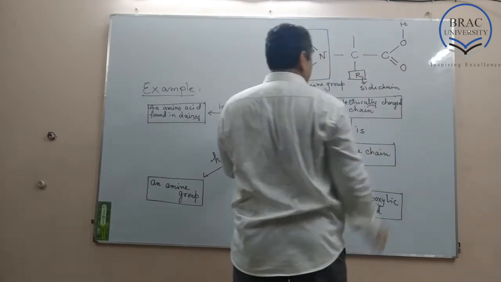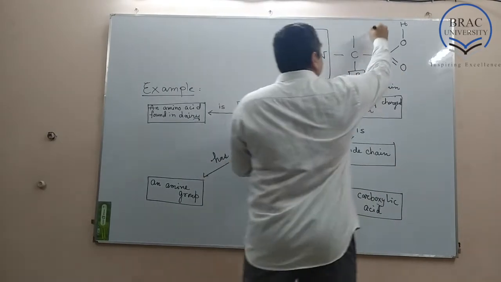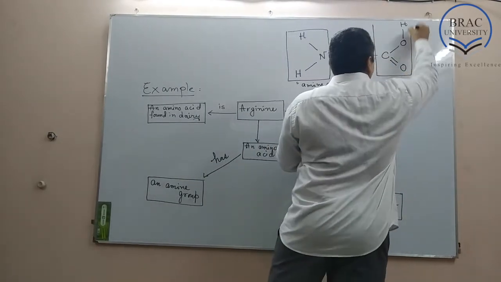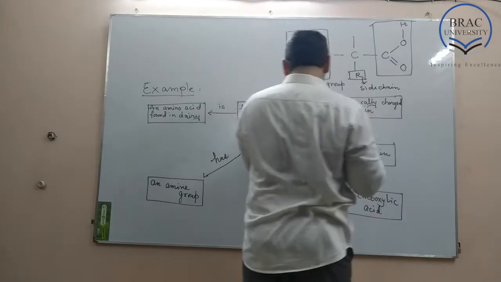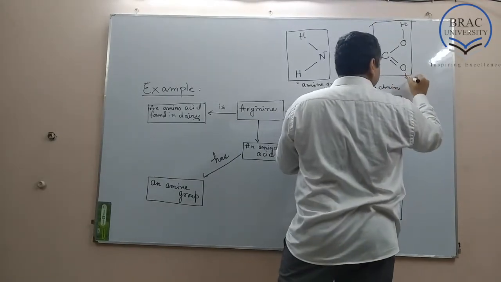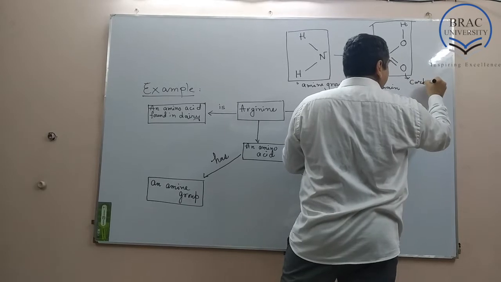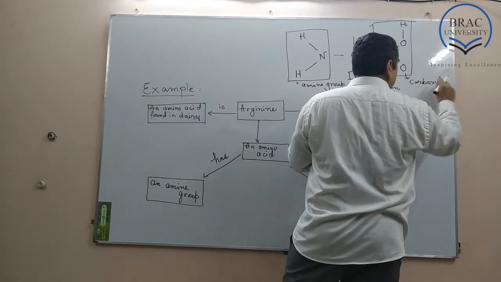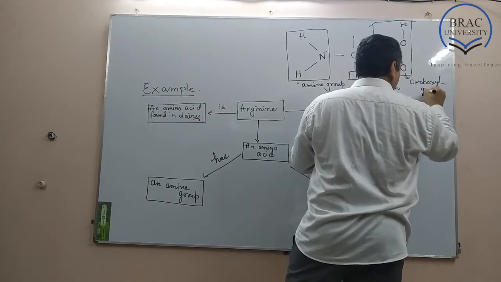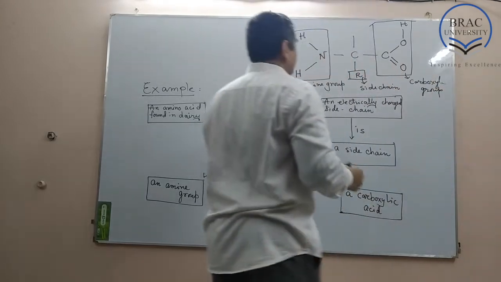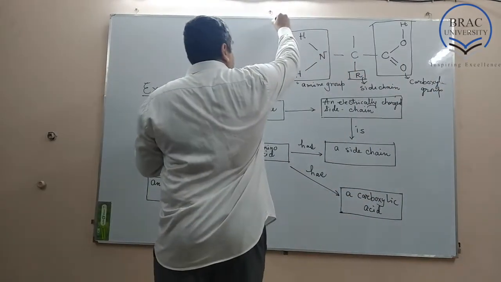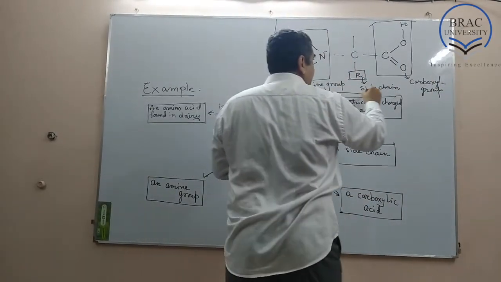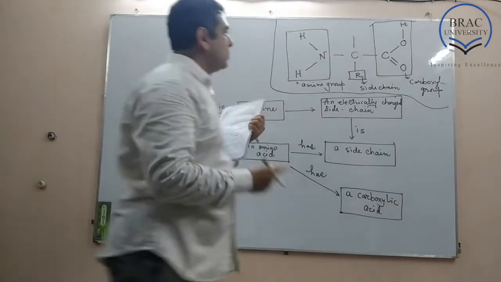And this is called the carboxyl group. Okay? So this is how the structure of amino acid looks.